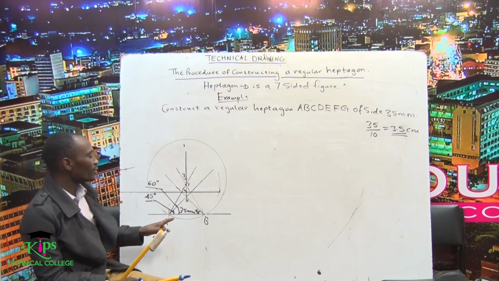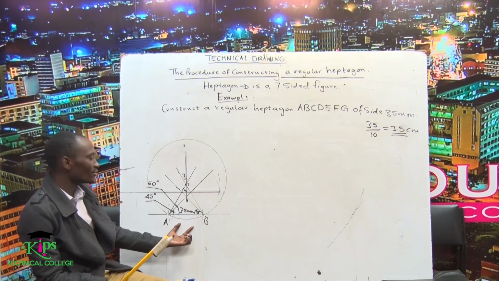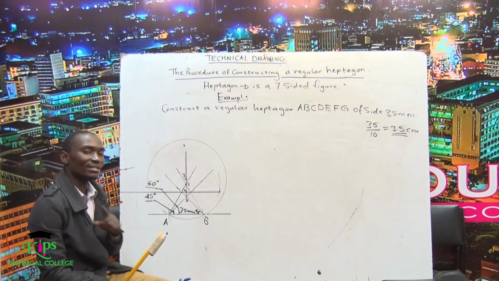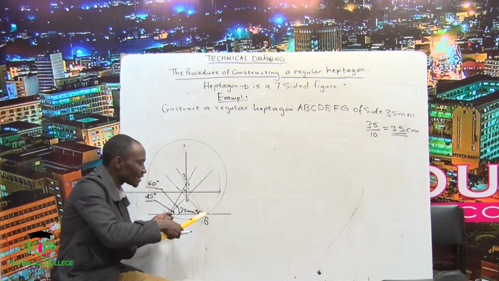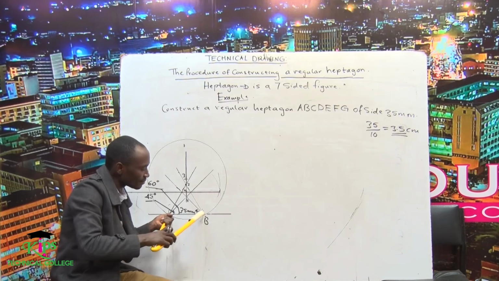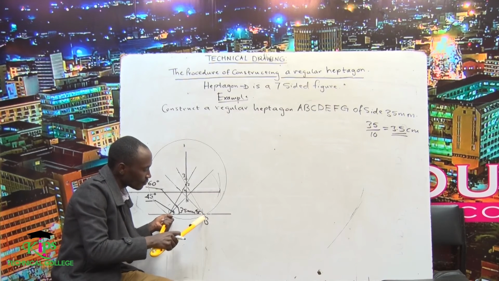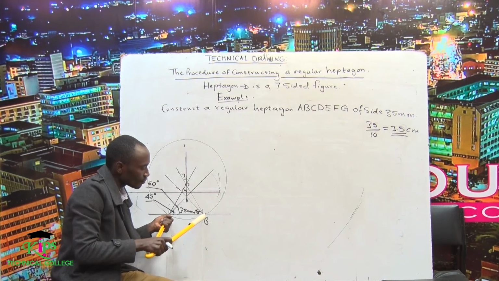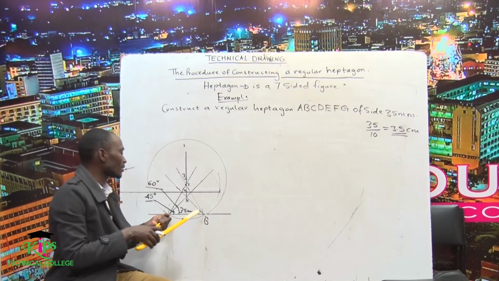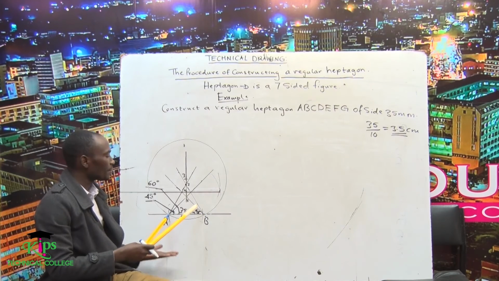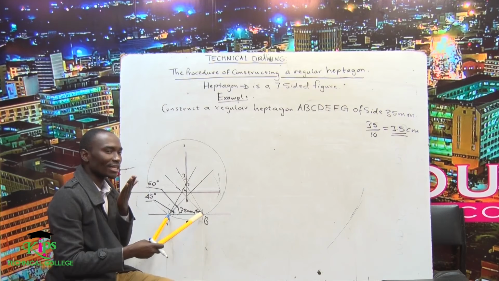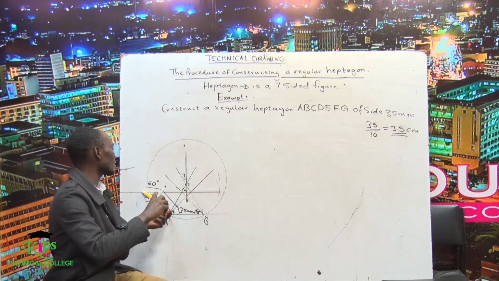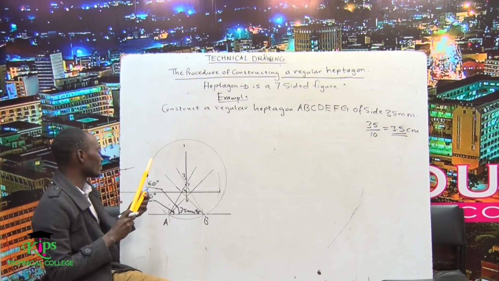Now I will use the measurements I used to draw line AB, which is 35 millimeters. So I will transfer the same 35 millimeters. Then standing at any point, either point A or point B, using the same 35 millimeters, I will make some arcs all around.